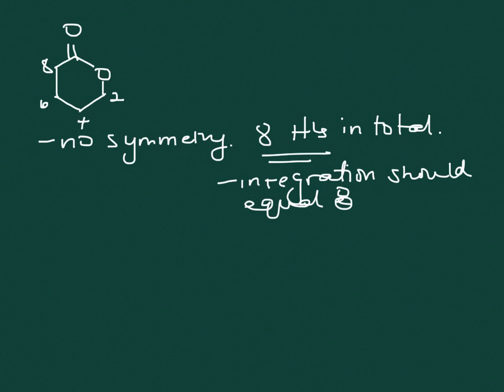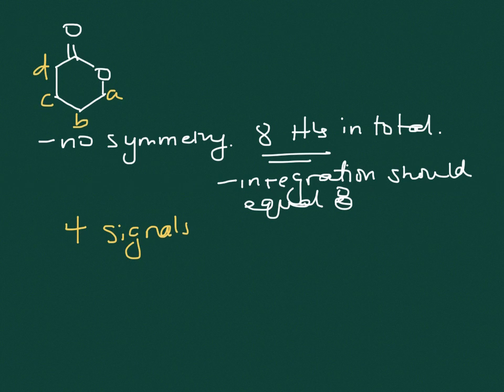This does not mean that we have 8 signals. What you should see is that we are going to have A, B, C, and D. We are going to have 4 signals in our NMR spectrum.